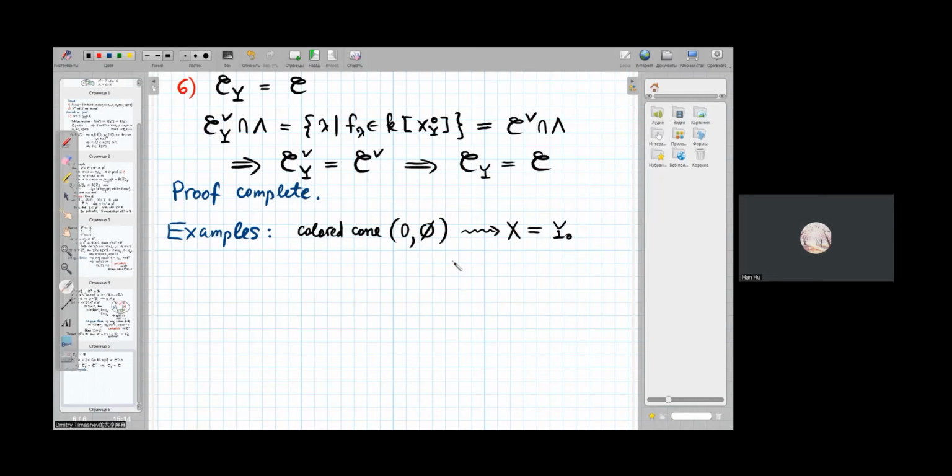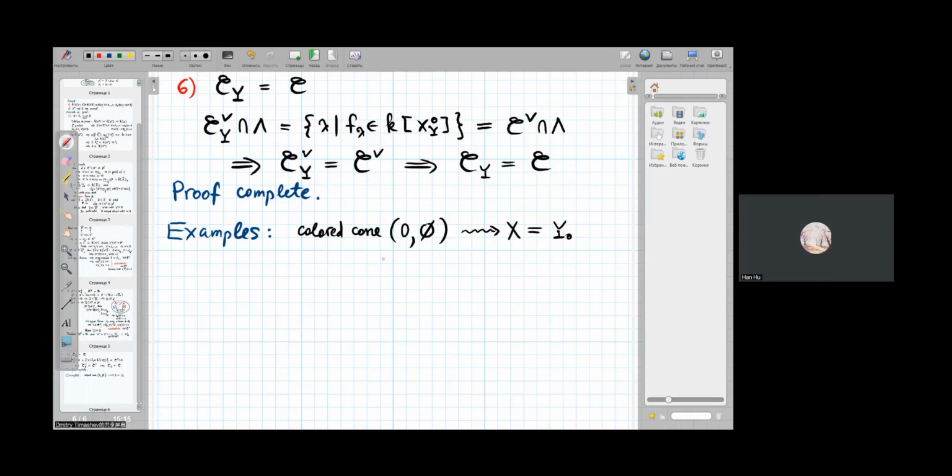You have nothing to remove. Okay. So the relative interior in this case is the zero cone itself. So all defining conditions of the colored cone are satisfied for this pair. So everything fits the definition. Now let me do a more complicated example.